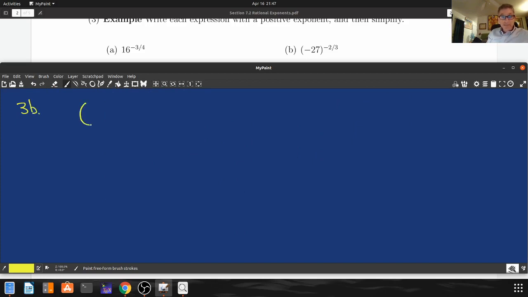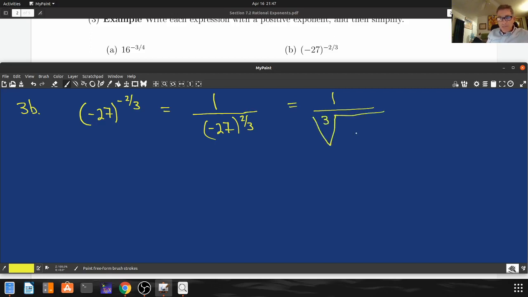So my base is negative. Negative 27 raised to the minus 2/3. So the first thing I'm going to do is make that exponent positive by moving it under the division line. And now I'm going to convert it into radical notation. That's the third root, and my base is minus 27, and that is squared.